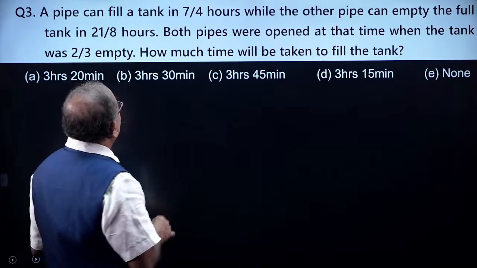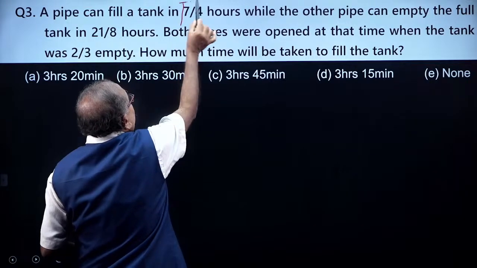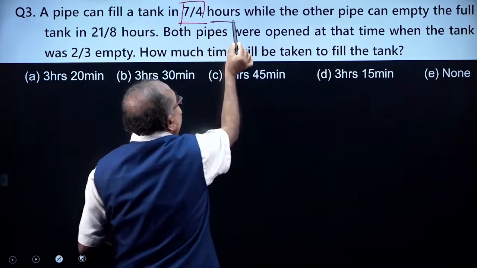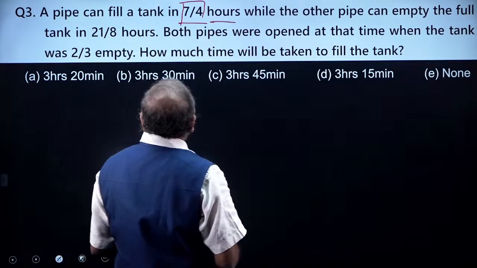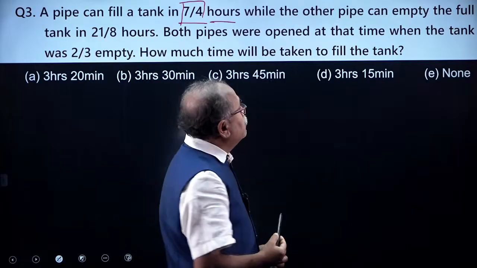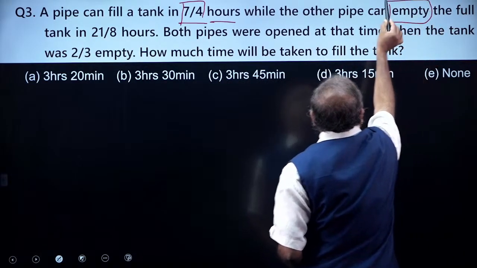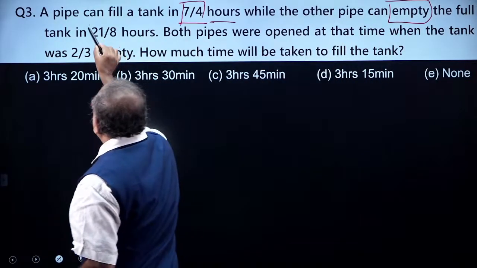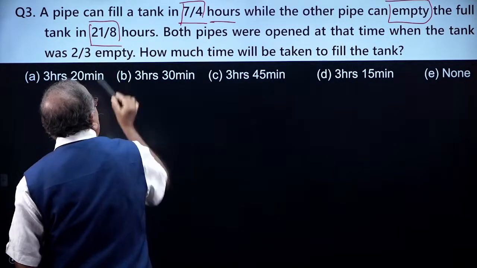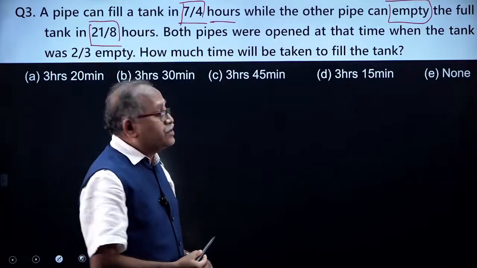A pipe can fill a tank in 7 by 4 hours, while the other can empty the full tank in 21 by 8 hours. Look at that, the figures are in fractions.